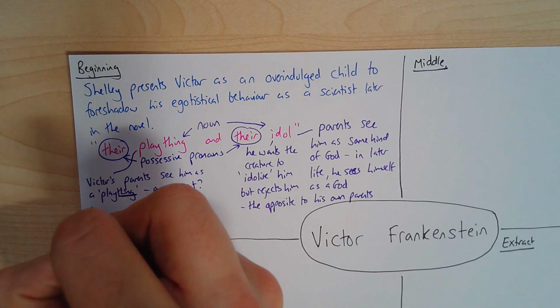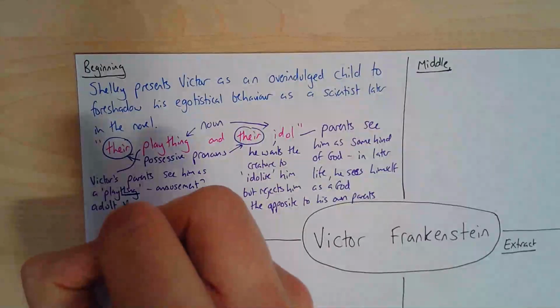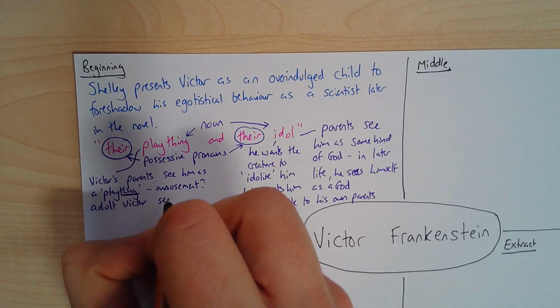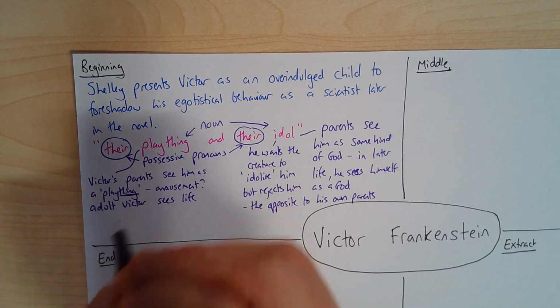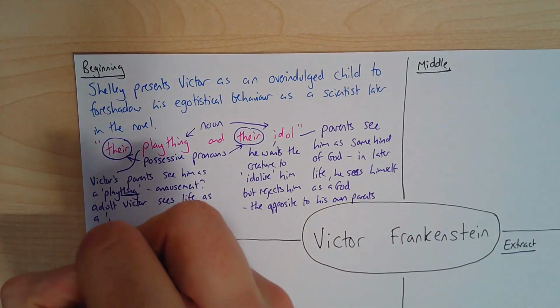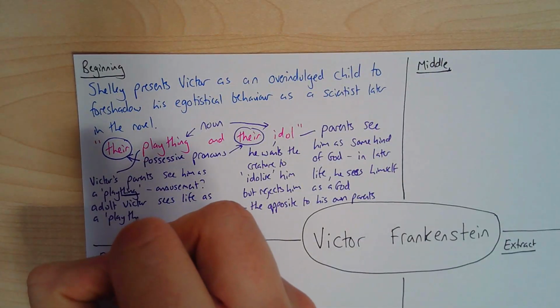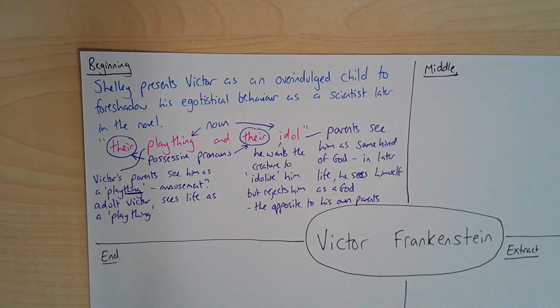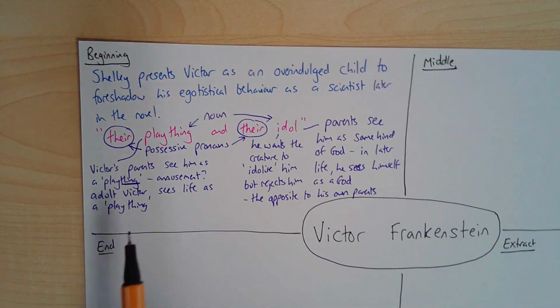And so adult Victor sees life, because he learns this from his parents, as a plaything. Adult Victor grows up to almost see life as his giant chemistry set, because his parents see him as a plaything as well.